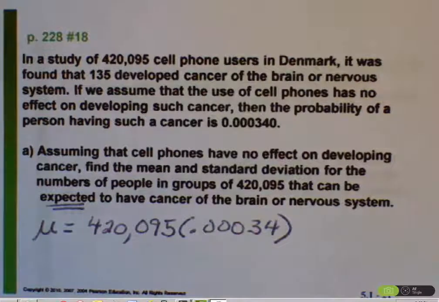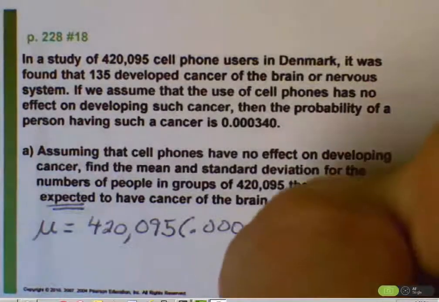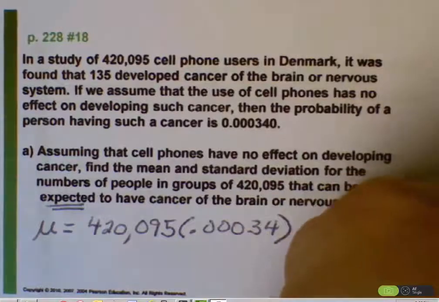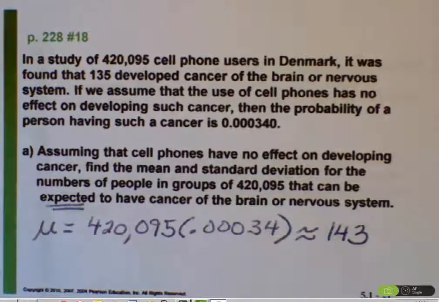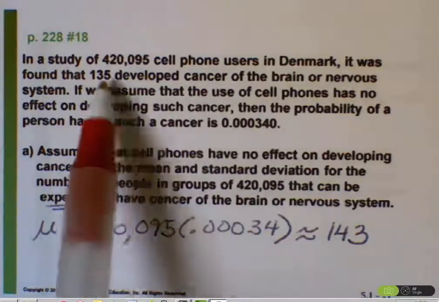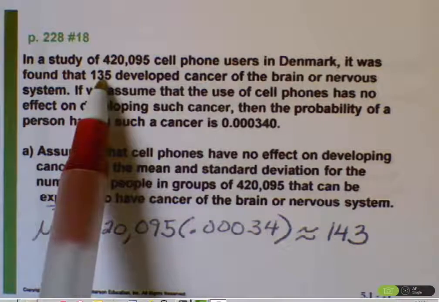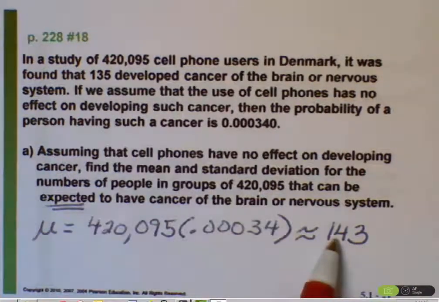So the number of people that I would have expected out of that 420,000, rounded to the nearest whole person, is 143. Actually, fewer people developed cancer than we would have expected to, even if the cell phones didn't have anything to do with the development of that type of cancer.